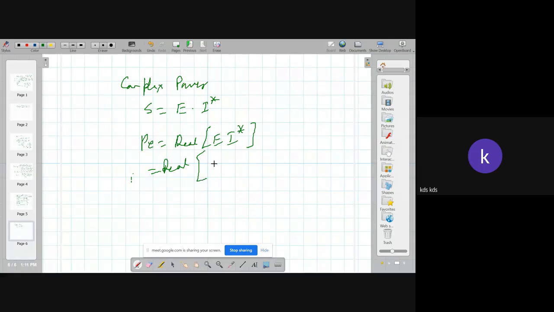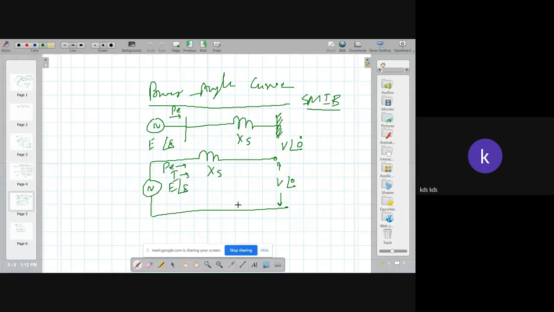E is written as E angle delta, and the current I is equal to E angle delta minus V angle 0 degree divided by jXS.